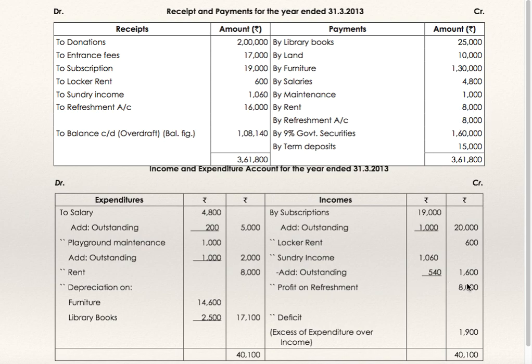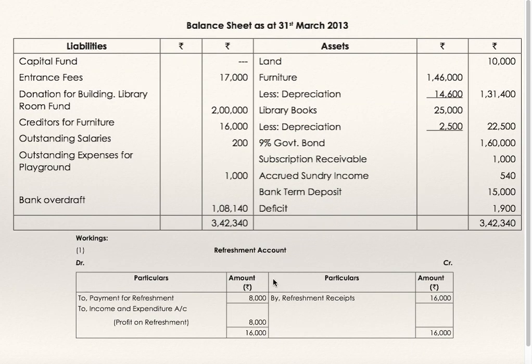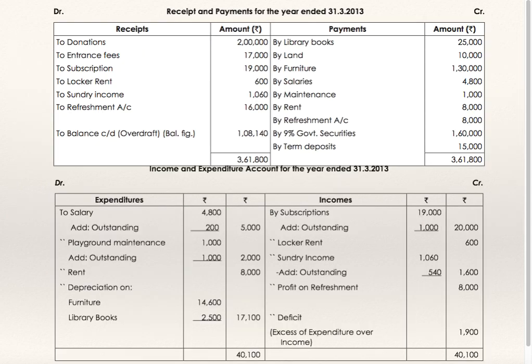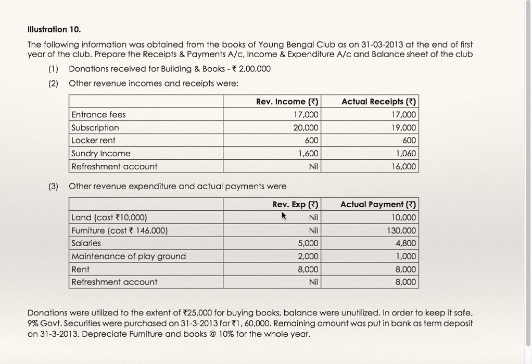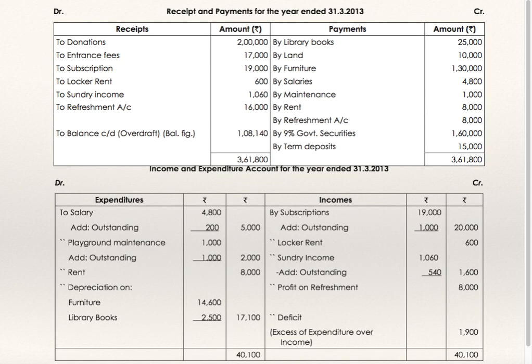So profit on refreshment 8,000 is to be shown as income. You are supposed to show profit. Why are we showing profit? Because they have told us nil nil here, so we'll show the profit and will not show these actual receipts and payments in the income expenditure account. Profit is 8,000.